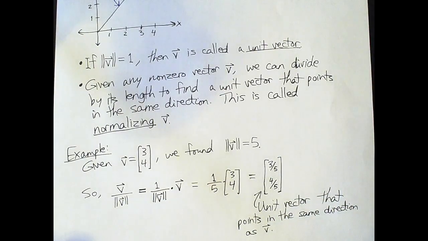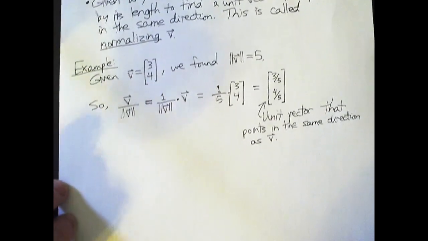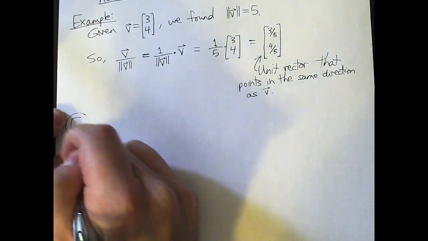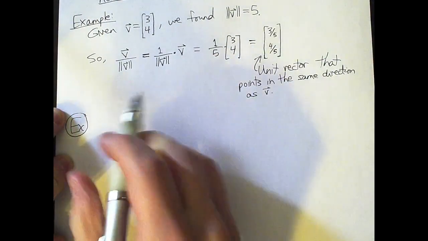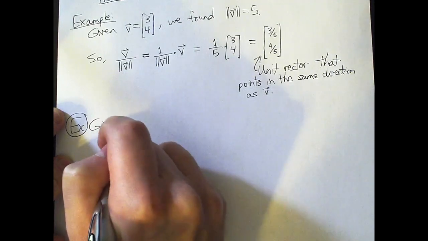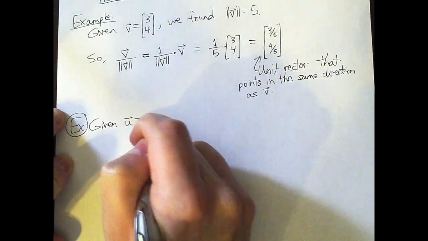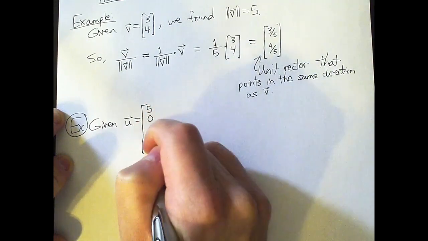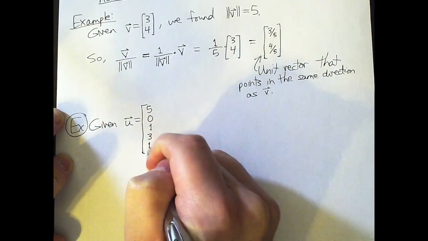So I have a problem that I'd like you to try. It's going to be bigger than just R2. I'm going to give you a larger vector, u equals 5, 0, 1, 3, 1.